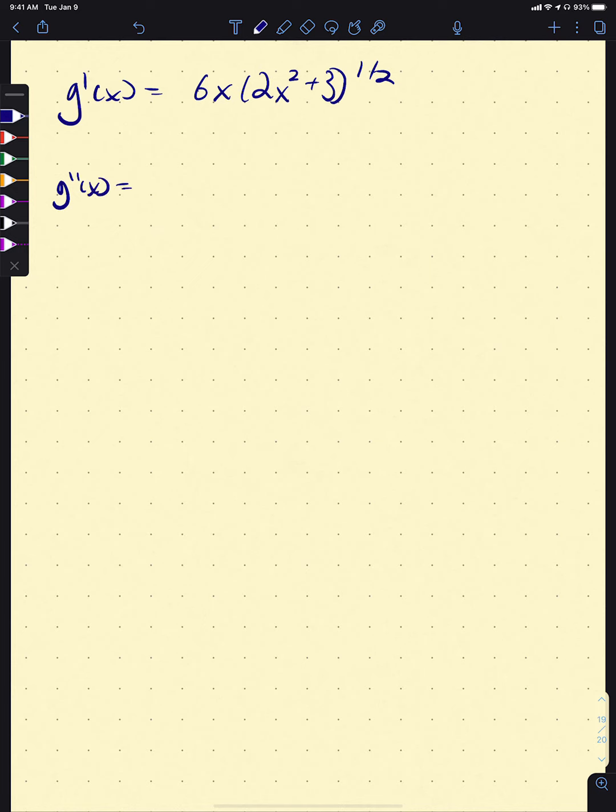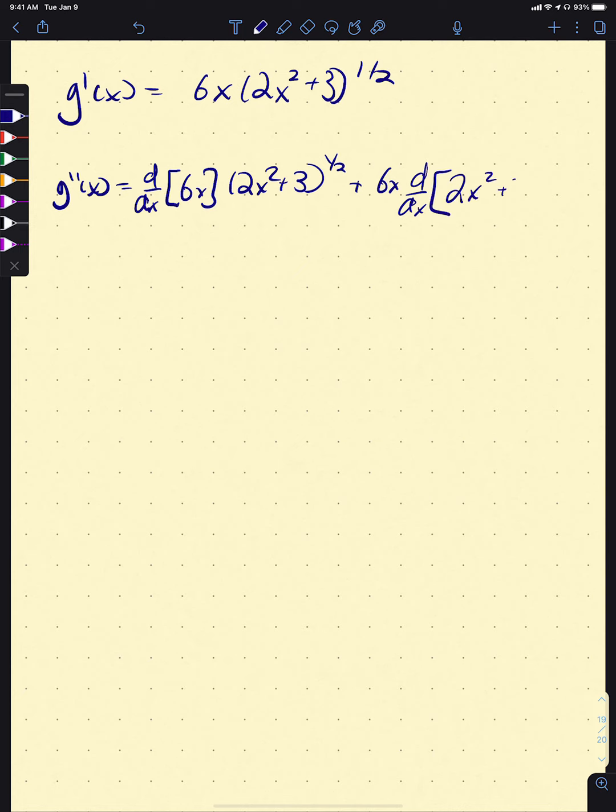We'll need to do them both. So the first one, d dx of 6x times (2x squared plus 3) to the 1/2, plus 6x times d dx of (2x squared plus 3) to the 1/2, right?